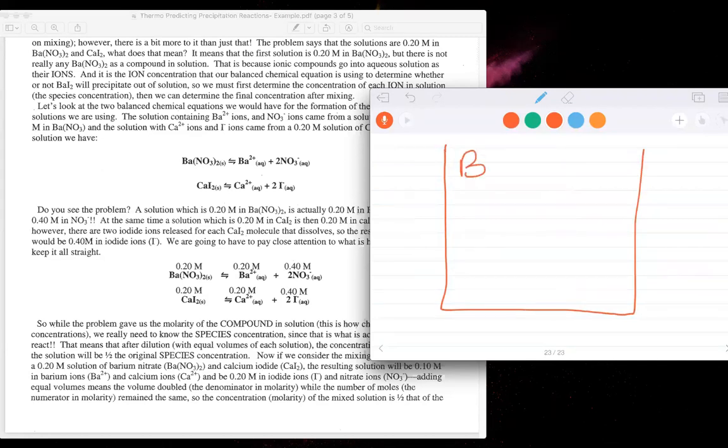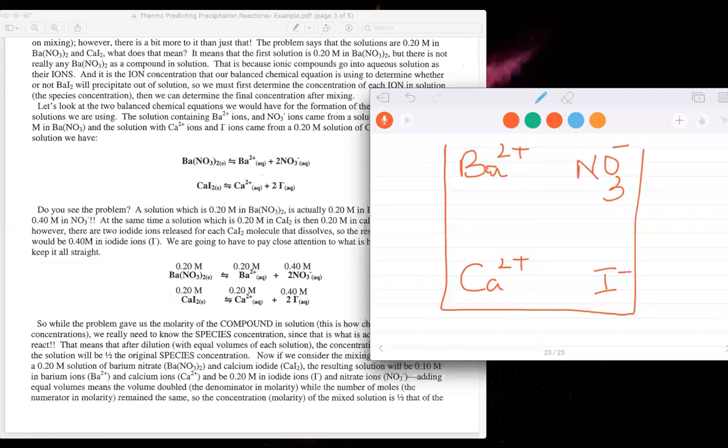Barium is positive 2, and nitrate, I'm just generating ions from the first reagent. From the second reagent, I have calcium and I have iodide. Is it positive or negative? By looking at the chemical formula, you should be able to predict the ions.